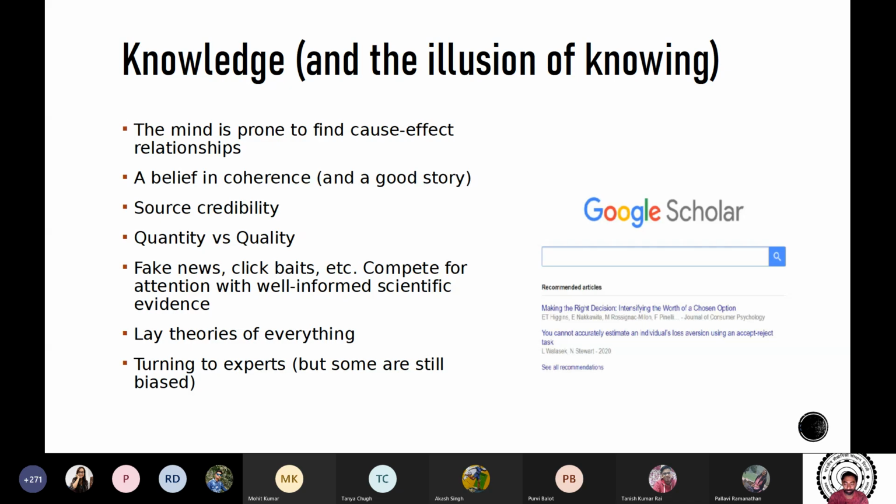You might think that turning to experts is good, so you can ask a psychologist or a researcher, but I feel that you should still take it with a pinch of salt, because experts are also heavily biased. We now have enough scientific evidence to show that there are biases in experts. Not every expert, but in every domain of expertise there are some experts who are biased.